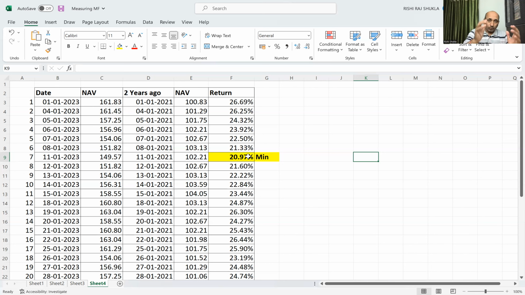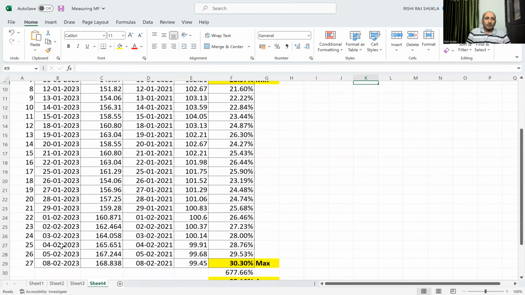So you can see from here these returns are changing every day. That is why the rolling returns concept came forth. Suppose we have invested for more than 2 years and want to calculate 2-year returns for each specific day. So each specific day we have calculated here.